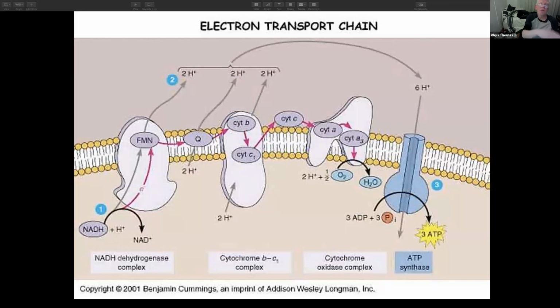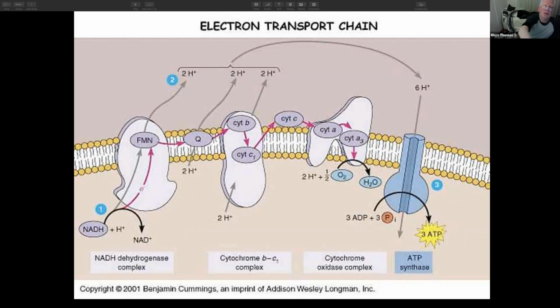Then as these donated electrons move through all these different proteins, you start ejecting hydrogen ions out into the intermembrane space. It's a very narrow space, and that's why you get a very high concentration of hydrogen ions in there.